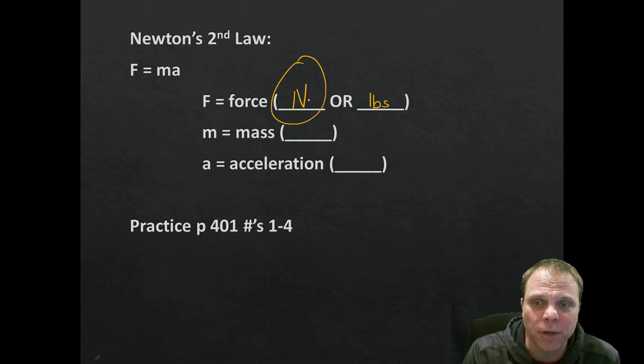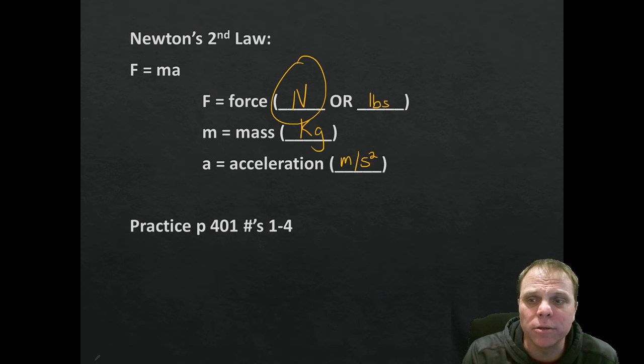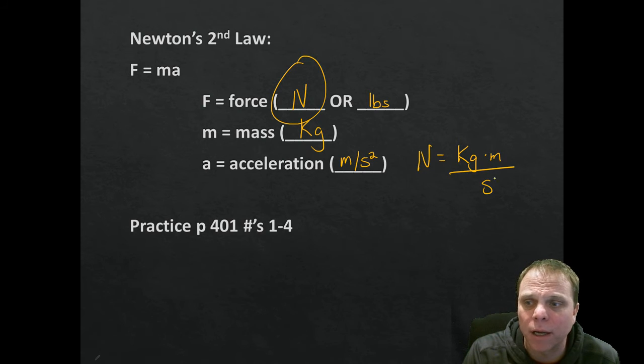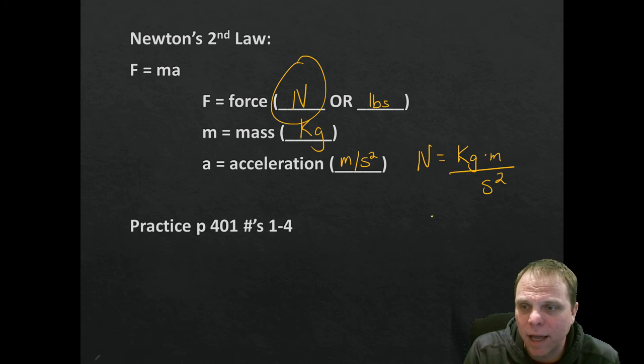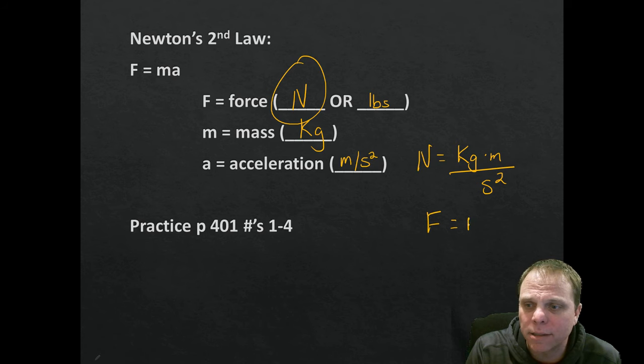So we're going to use newtons, okay? Mass is in kilograms. And the acceleration, we've talked about this already, is in meters per second squared, right? So a Newton is equal to a kilogram meter per second squared. Just a slightly different look. And that makes sense because force is equal to mass, the kilogram, times acceleration, which is the meters per second squared.